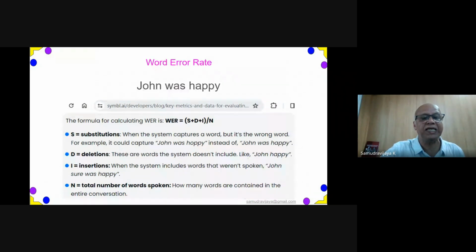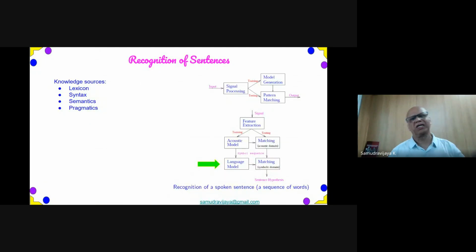So the word error rate is computed as follows. It's a ratio. The numerator is the sum of the substitution errors, deletion errors, and insertion errors. And the denominator is the total number of words actually spoken in the reference. Now, this is the word error rate. For recognition of sentences, sentences also have grammars.